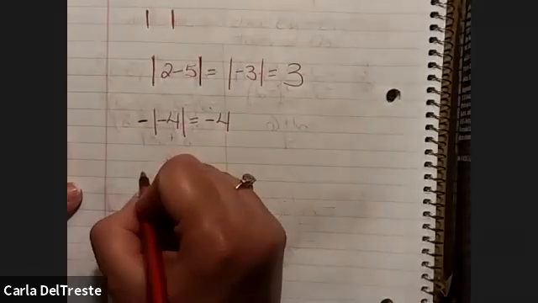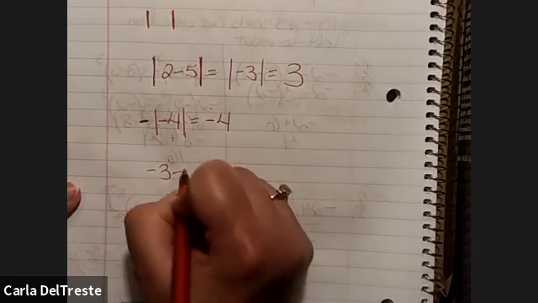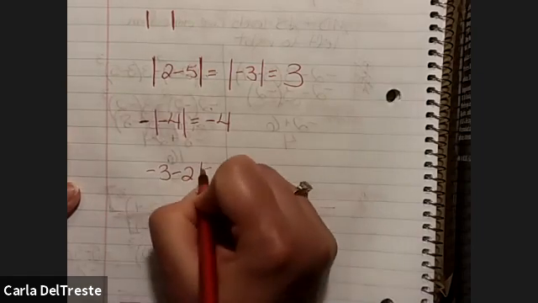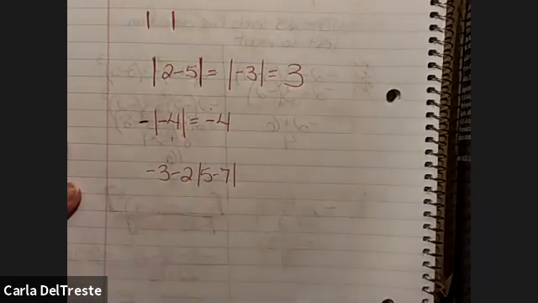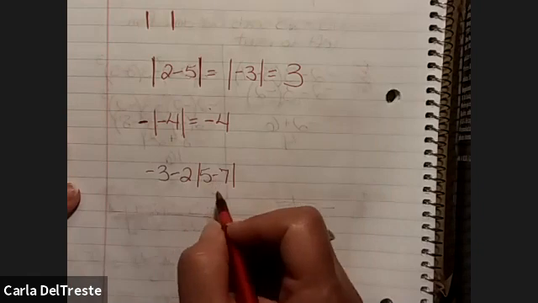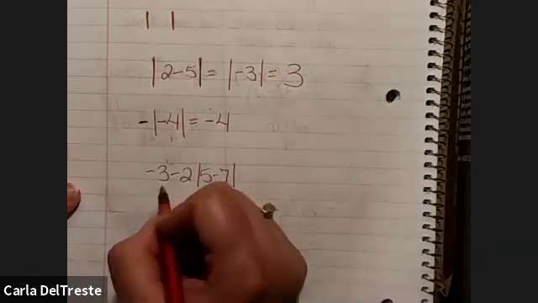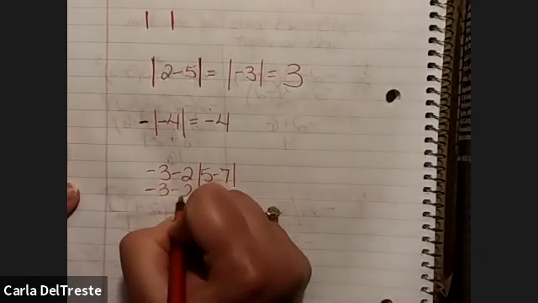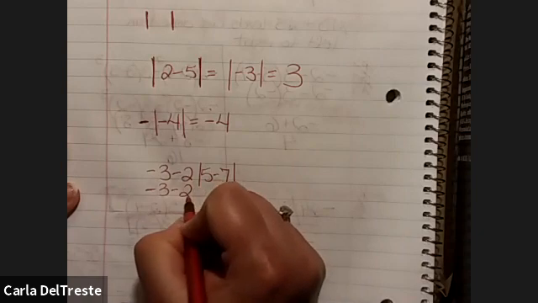And last but not least, you can have absolute values in an expression. And again, it's almost like parentheses, except you have to make sure you're always going to take the positive results. So this is going to be -3 minus 2, okay?